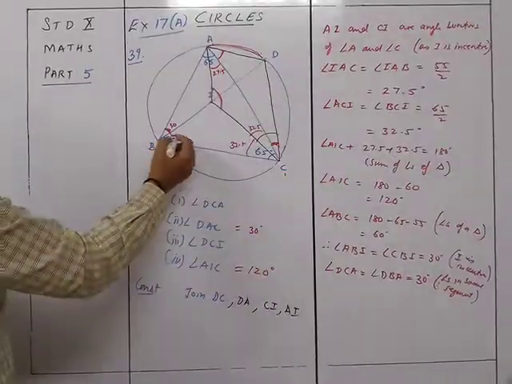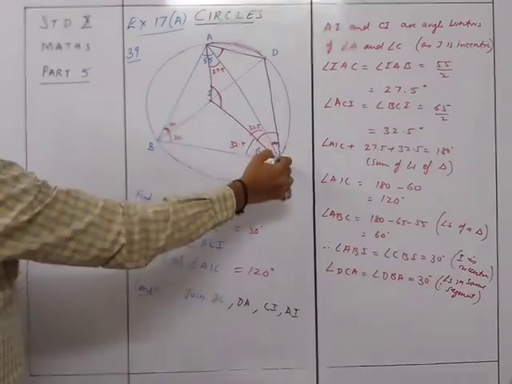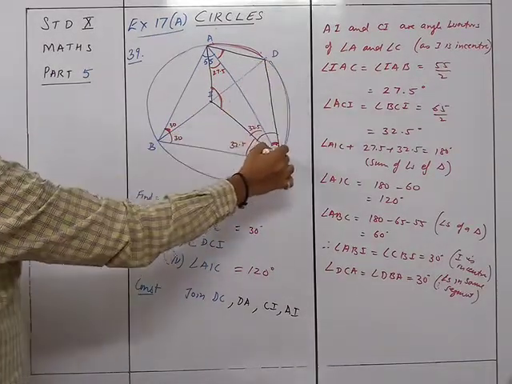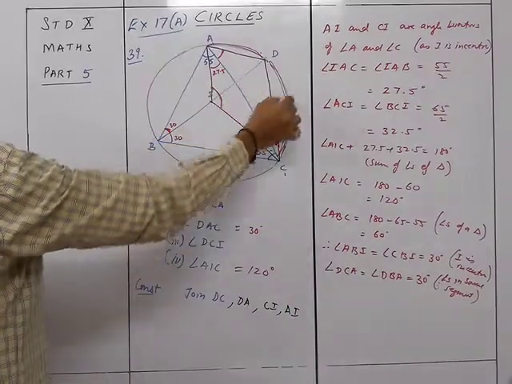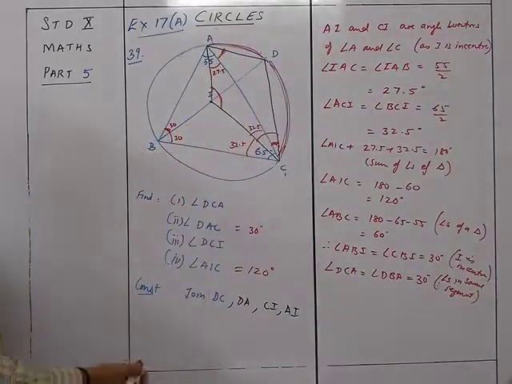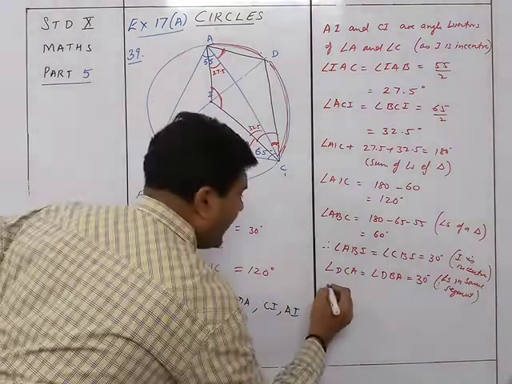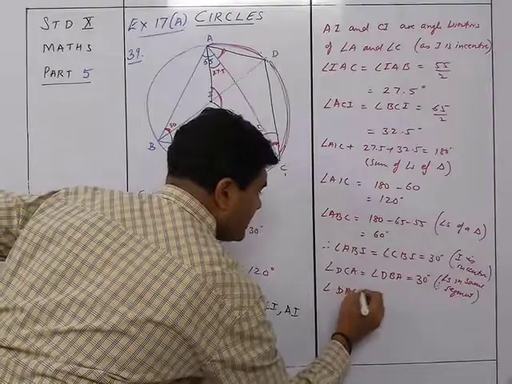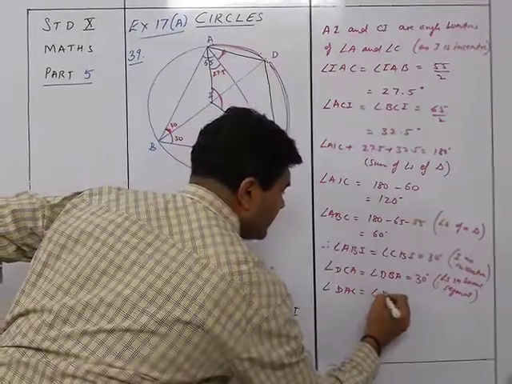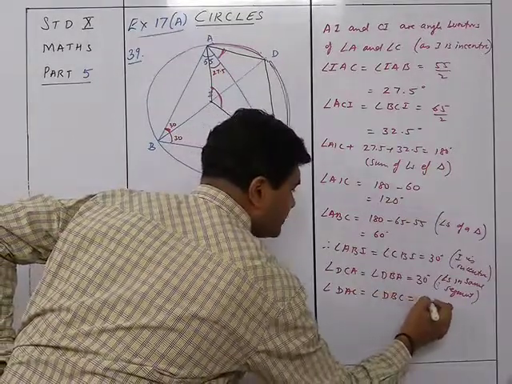Same way, this arc subtends this angle, same arc subtends this angle. Got it? So, angle DAC is equal to angle DBC is equal to 30 degrees.